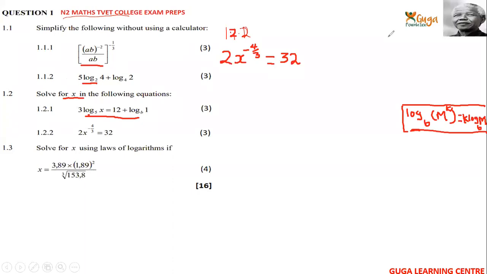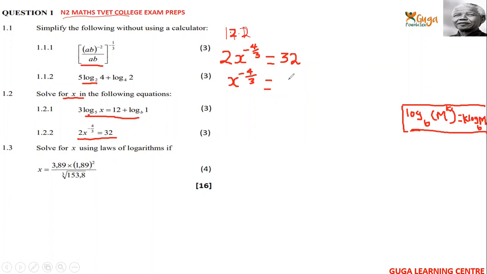Now we're doing 1.2.2, this one: 2x to the power negative 4 over 3 is equal to 32. The first thing first, you divide by 2 both sides, then you are left with x to the power negative 4 all over by 3 is equal to 32 divided by 2.